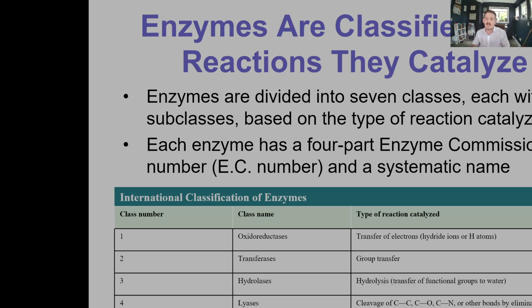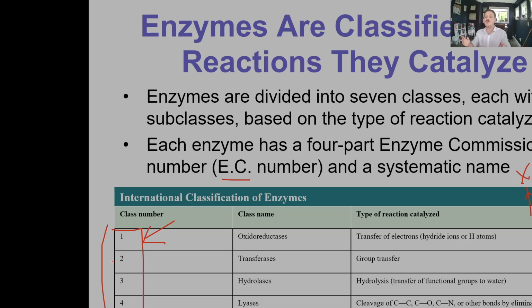There's the enzyme classes, like I mentioned, I believe in Biochem 1. Enzymes can be broken down into different classes depending on the chemical reaction which they catalyze. There's 7 different classes because enzymes will do one of 7 different chemical reactions. That is going to give them what we call an EC number, which is typically something like X.X.X.X, and the first X is going to be one of these class numbers.